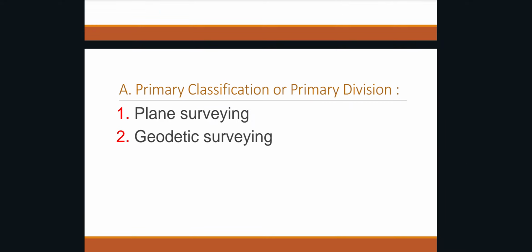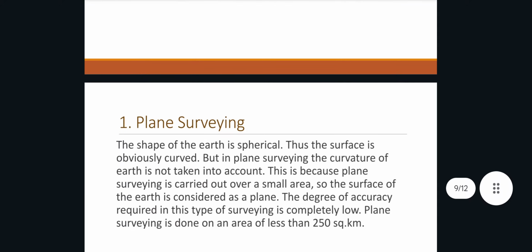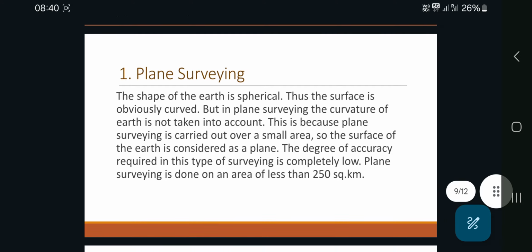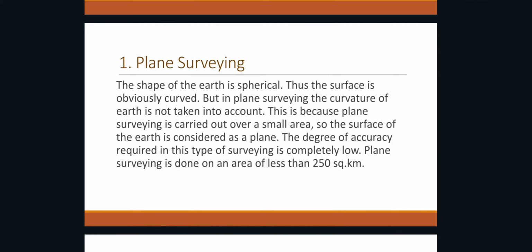Now, classification. In primary classification, surveying can be divided into two parts. First is plain surveying and second is geodetic surveying. In plain surveying, the shape of the earth is neglected.